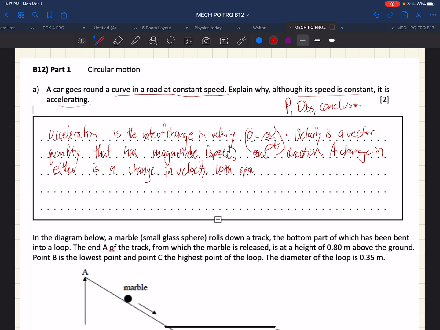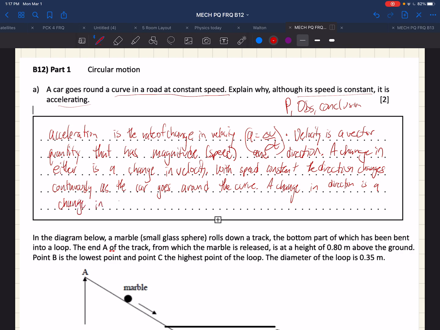With speed constant, the direction changes continuously as the car goes around the curve. A change in direction is a change in velocity.